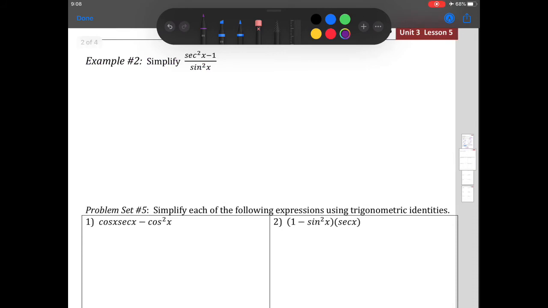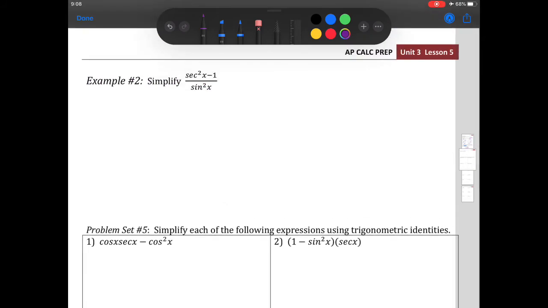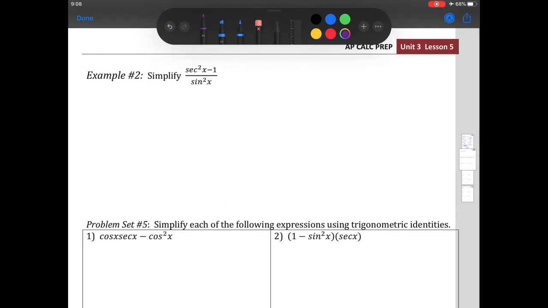Our example 2 is simplify this expression. If I know one of the identities, I can use that. Secant squared x is what? Either you can write it in terms of sine and cosine, and then you'll have more work.